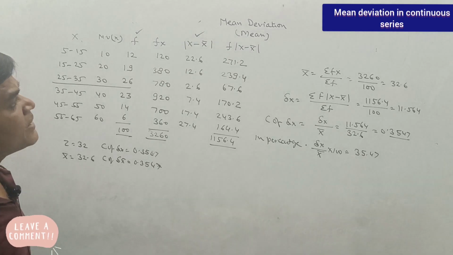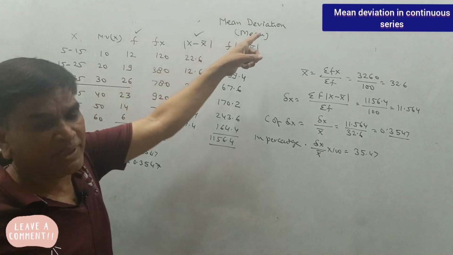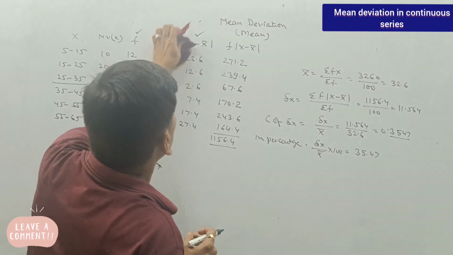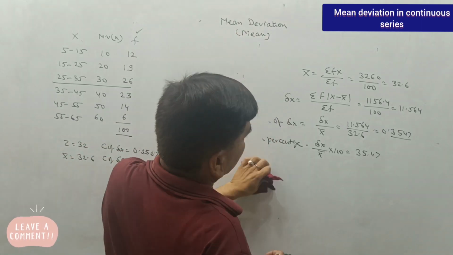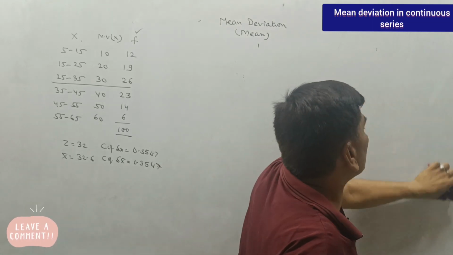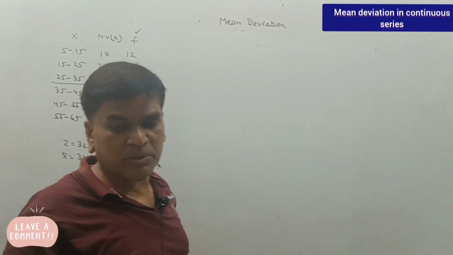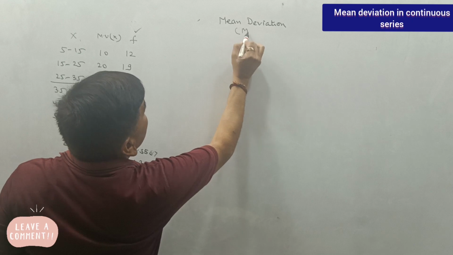So we have calculated the mean deviation here in the case of continuous series with the help of mean. Last one, with the help of median also we can calculate mean deviation. So it's very easy. You should watch the video at a slow speed, so you may learn how to calculate mean deviation. Now third method, with the help of median.